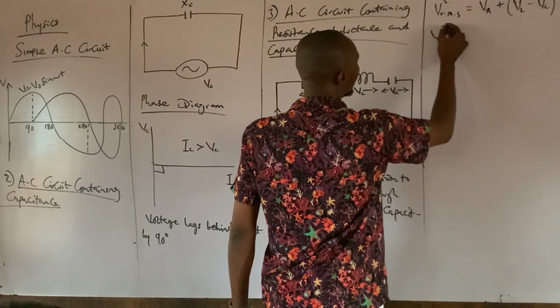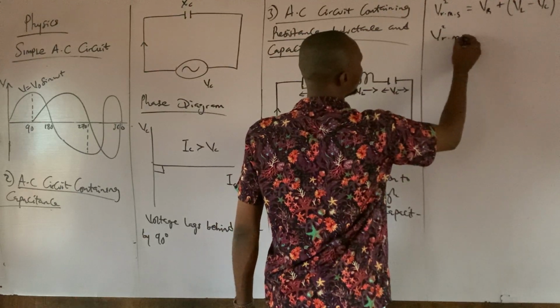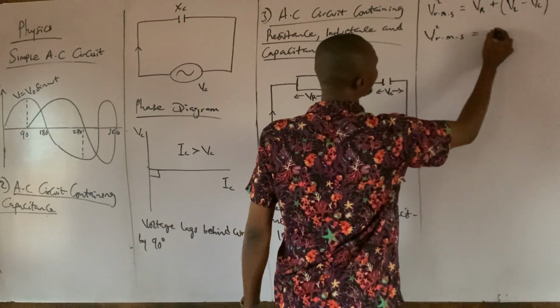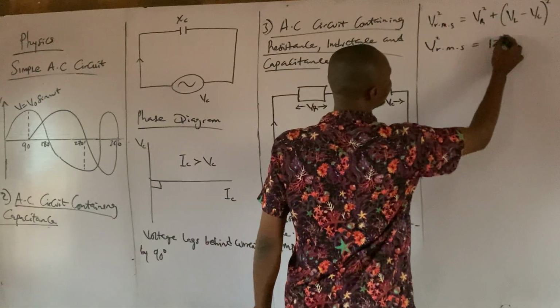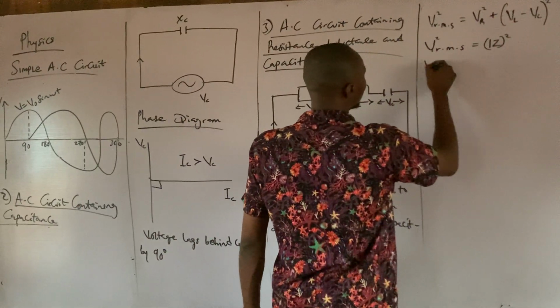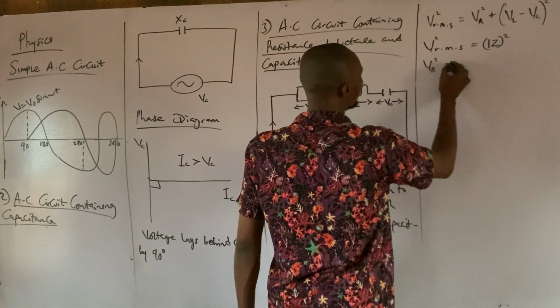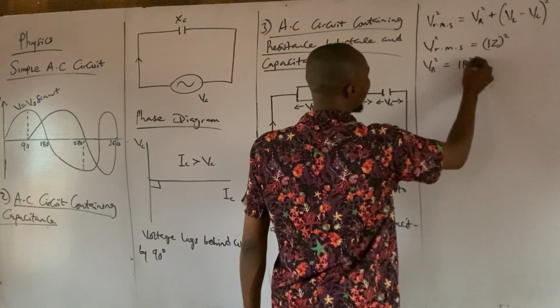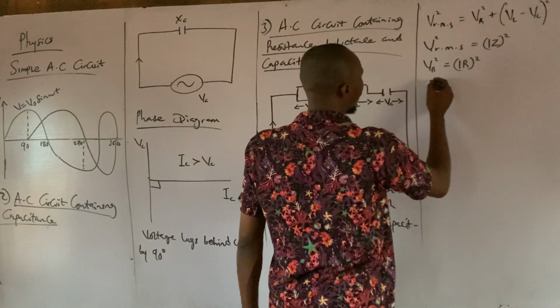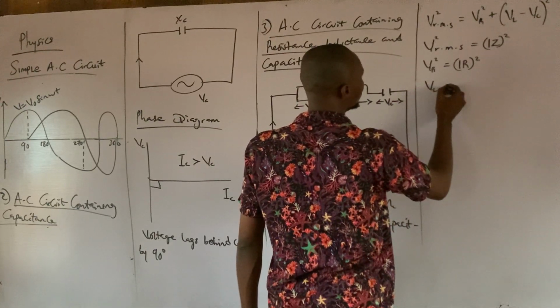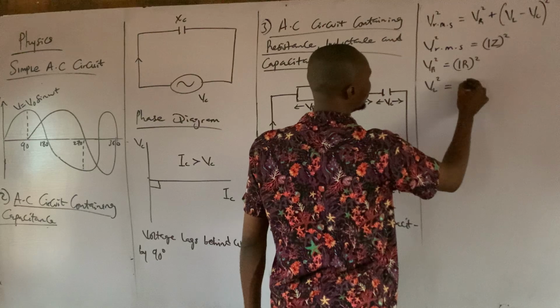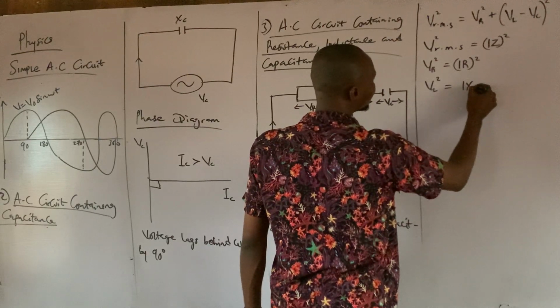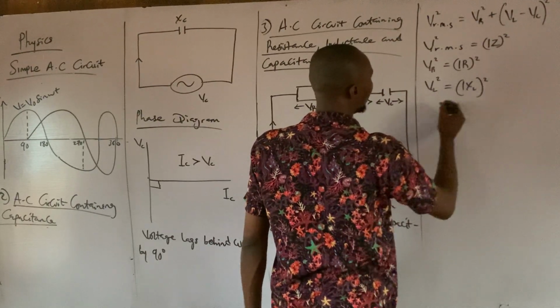So now look up to this proof. This V squared will be equal to IZ squared. This VR squared will be equal to IR all squared. This VL squared will be equal to IXL squared.